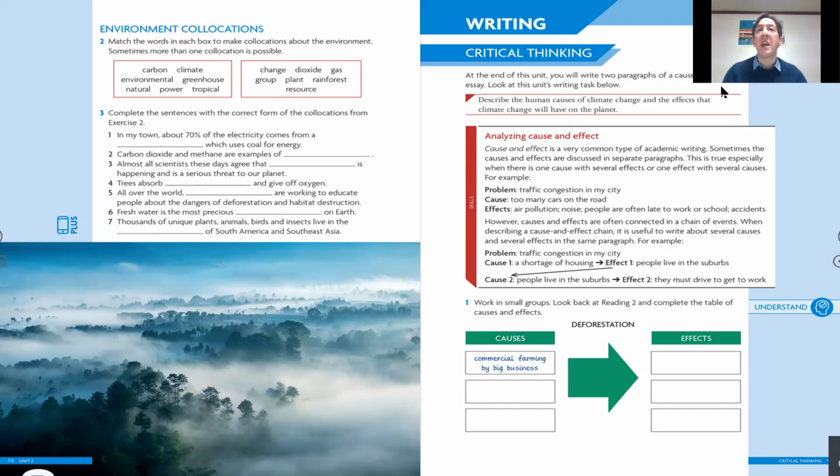Now, don't forget to change the form, greenhouse gases. 3, almost all scientists these days agree that climate change is happening and is a serious threat to our planet. 4, trees absorb carbon dioxide and give off oxygen.